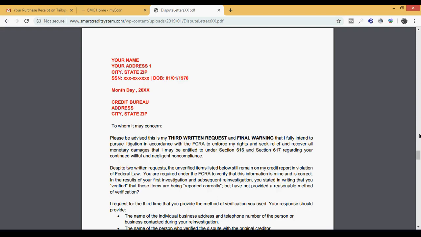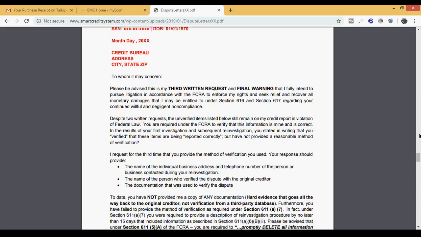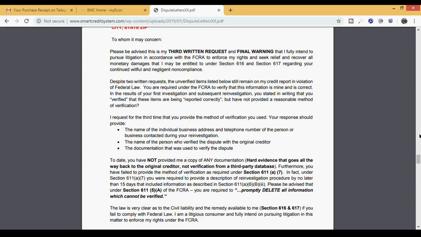You guys, these are all things that can get these debts removed from your report. So number 3, you have not provided the verification info, therefore you must remove the item. And so if you look at the beginning sentences, we ain't playing.